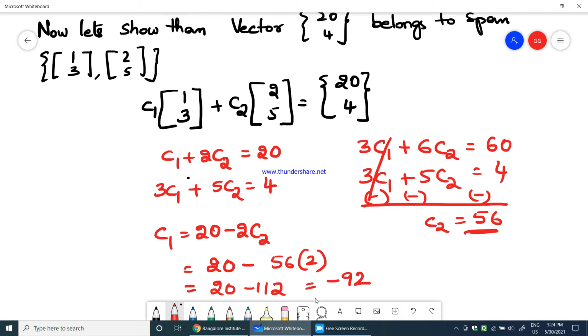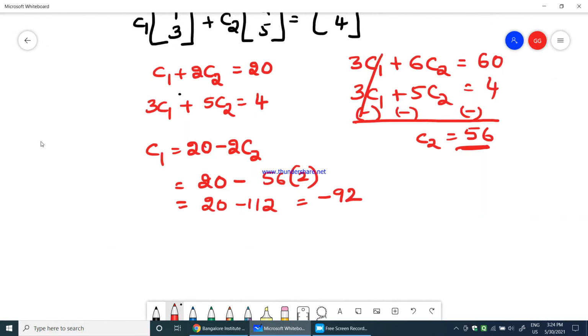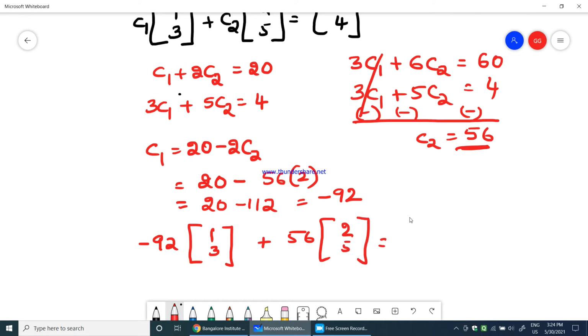So by applying the c1 and c2 values, c1 is minus 92 multiplied by (1, 3) plus c2 is 56 times (2, 5) should give me (20, 4).